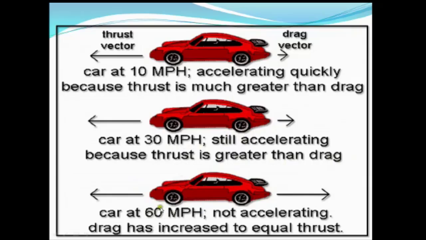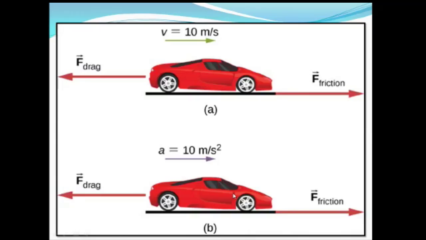But in this case, the car at 60 meters per hour, both the forces are equal and hence it is not accelerating; drag has increased to equal thrust. So there are equal forces, thrust is equal to the friction force, and these are the kinds of things we can observe here.